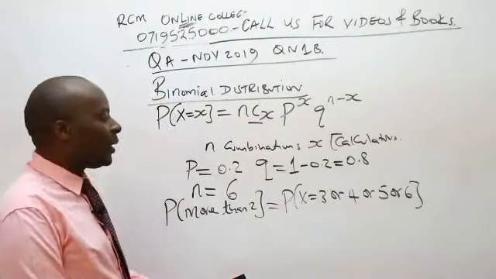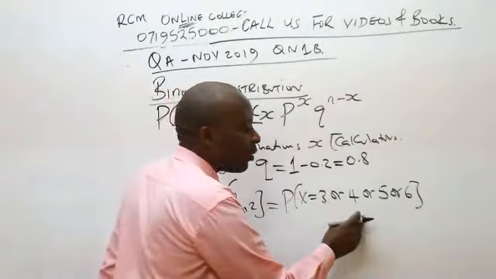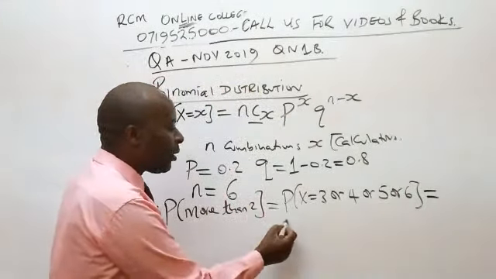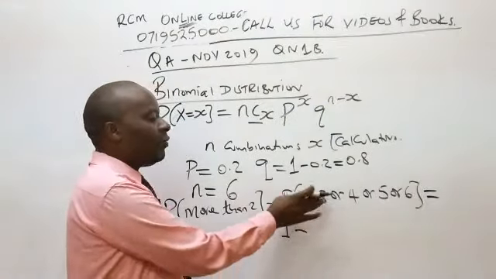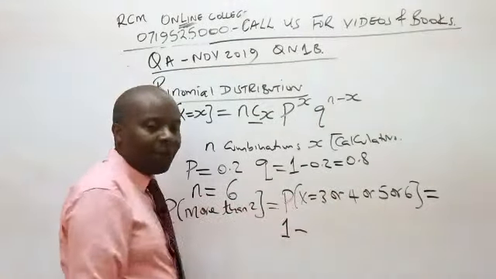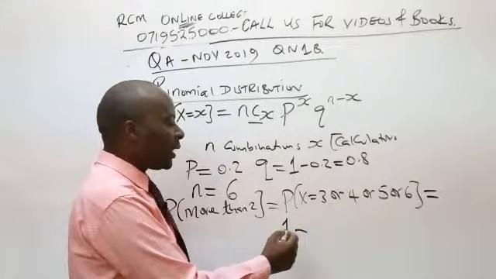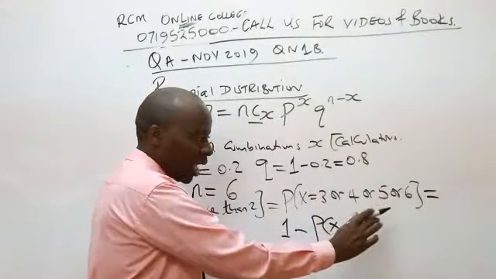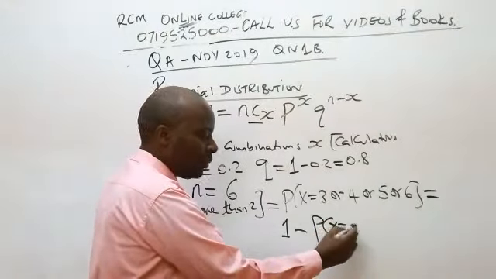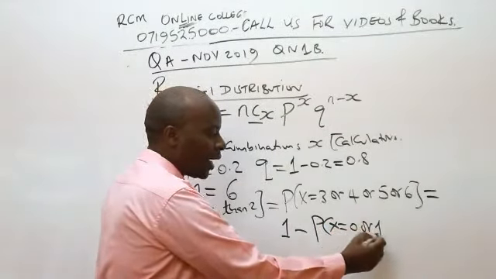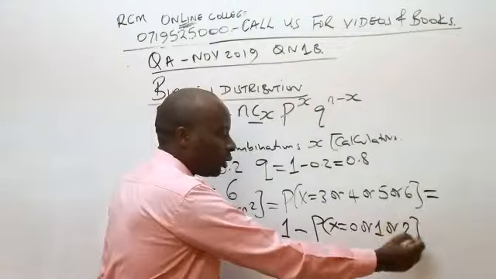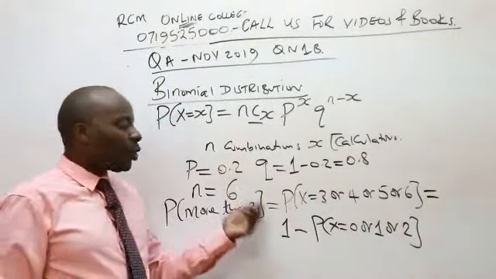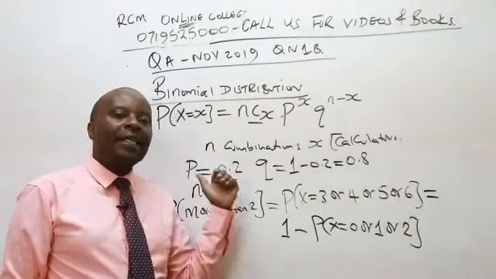Meaning this particular one here can also be obtained by taking 1 minus the events which are not here, the other events: probability of X being equal to 0, or 1, or 2. Allow me to repeat, probability of more than 2 means that we start from exactly 3.